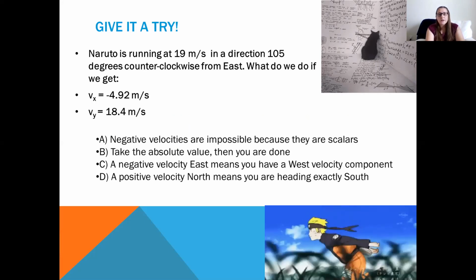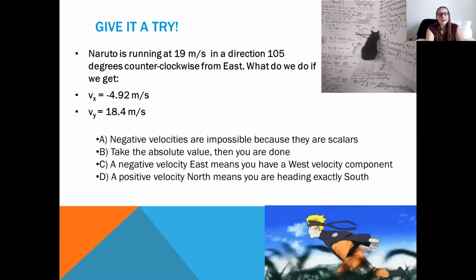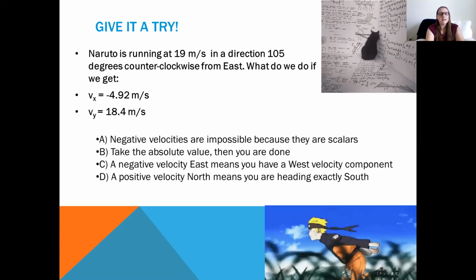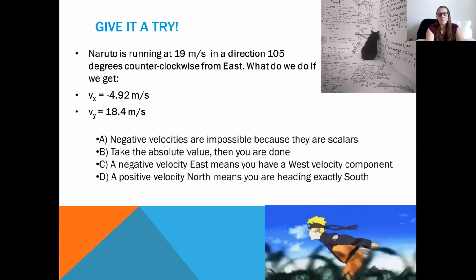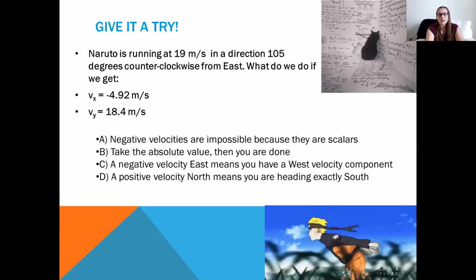All right, follow-up question to that. What do we do if we get an x component of negative 4.92 meters per second and a y component of 18.4 meters per second? Think through this one real quick.